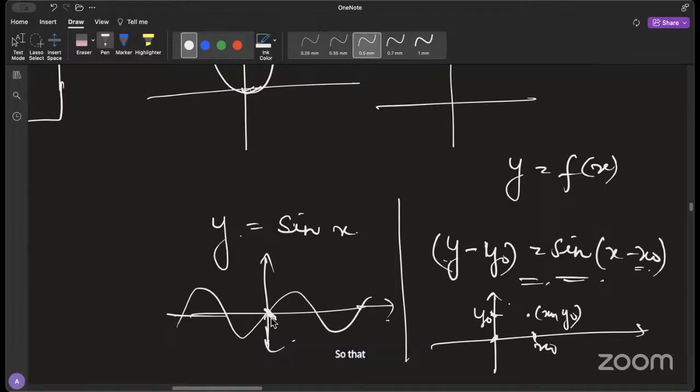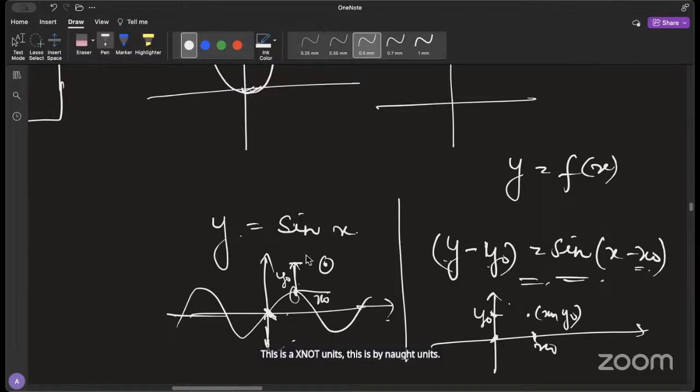Similarly, every point gets shifted y naught units upwards and x naught units to the right. This is x naught units, this is y naught units.